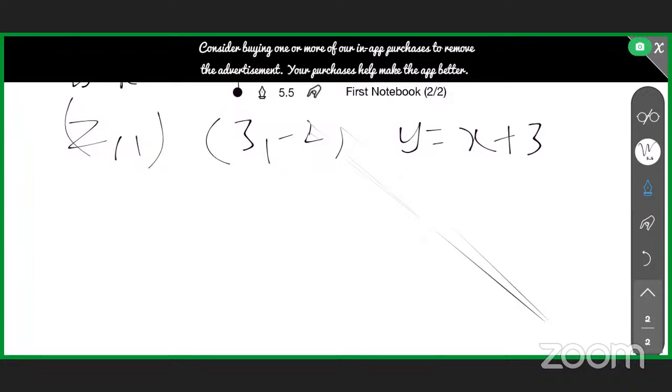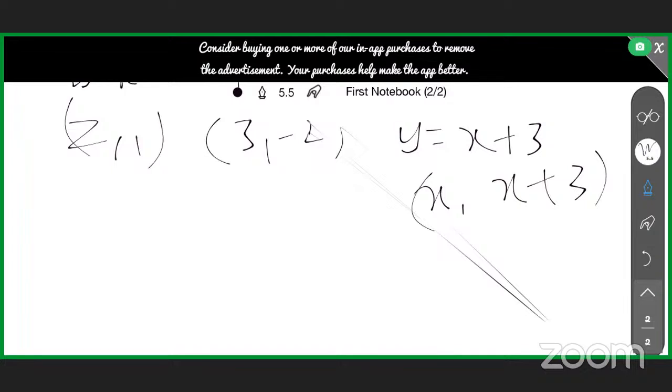Therefore, the third point will become (x, x + 3), correct? Yes, sir. Because the y value is increased by 3, whatever x you give, the y value is x + 3. So the third point will be (x, x + 3).